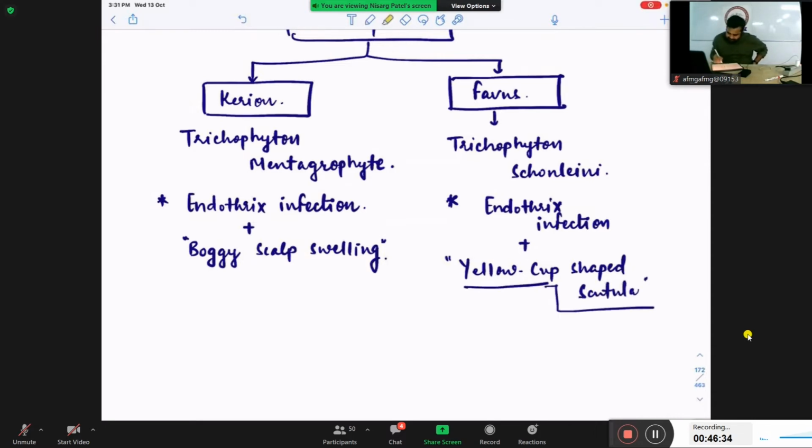So this is an extremely severe variant. It is a yellow cup-shaped scutula.